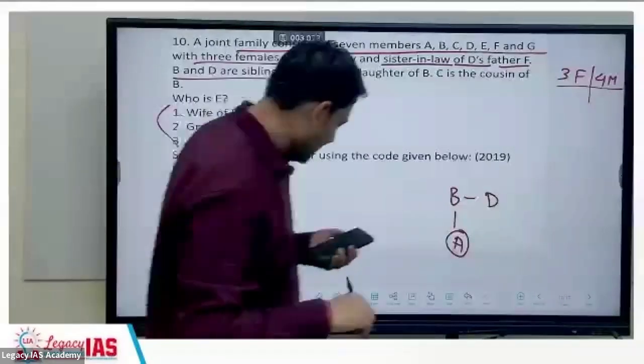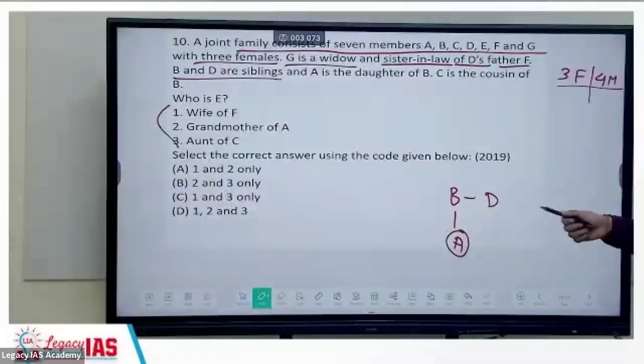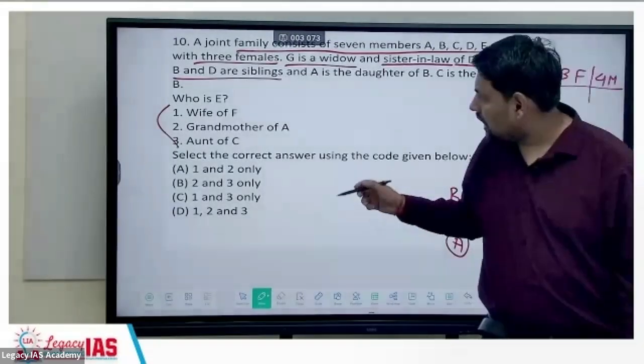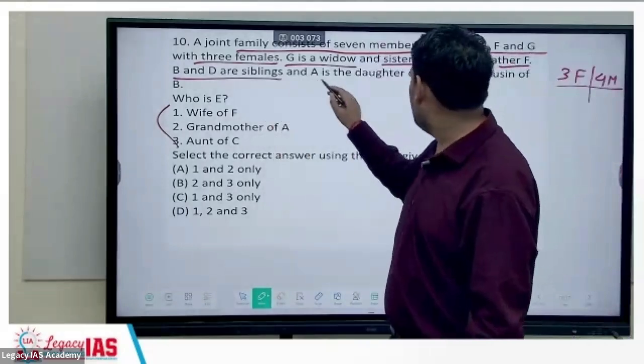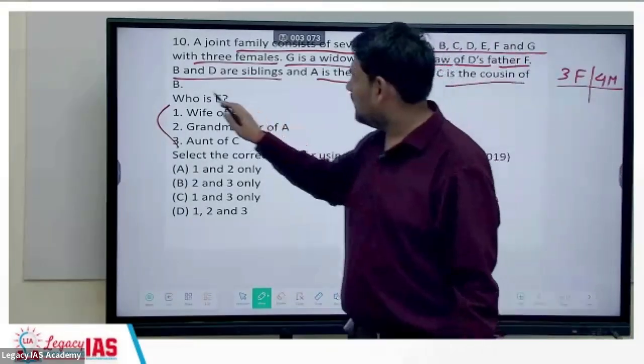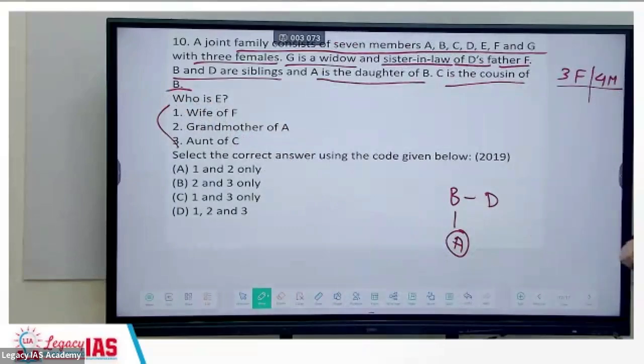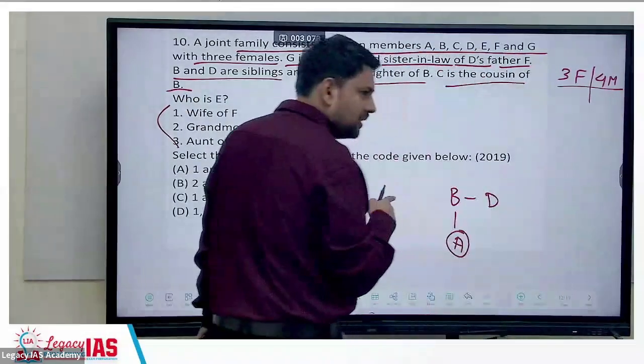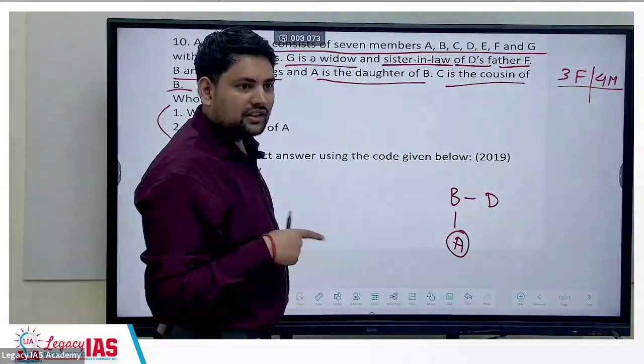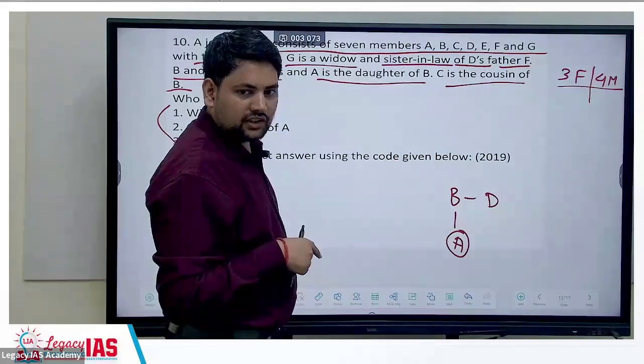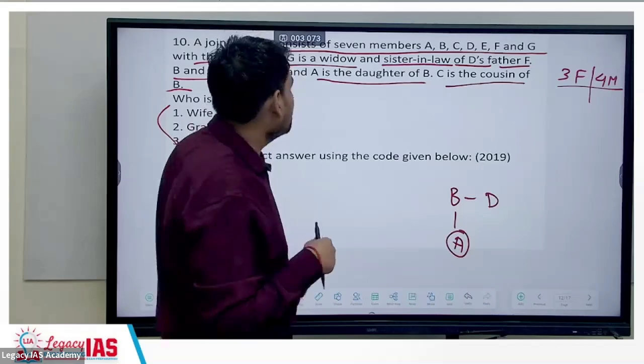Okay, so you are done with this part. Now you had A is the daughter of B, C is the cousin of B. Some other person should be there, and through that they are connected. Correct? Through that they must be connected.